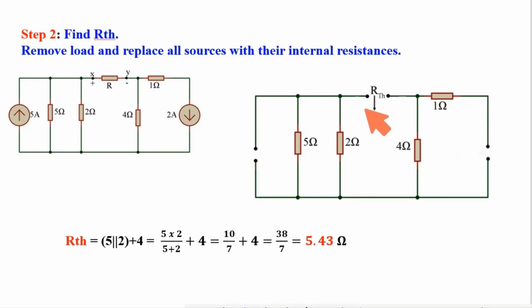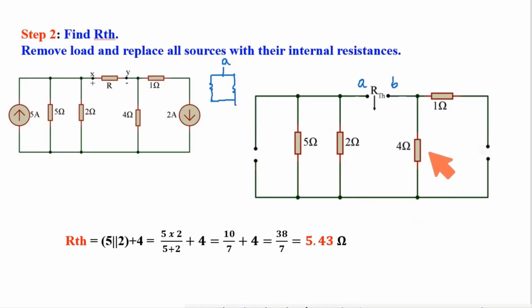If it is difficult to understand for you, then you can redraw the circuit in a simple way. Say this is point A and this is point B. Start from point A, having two paths. One path is 5, another path is 2, meeting at a particular point.